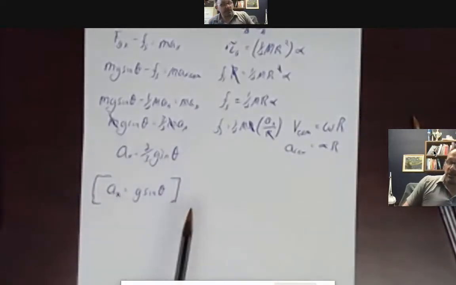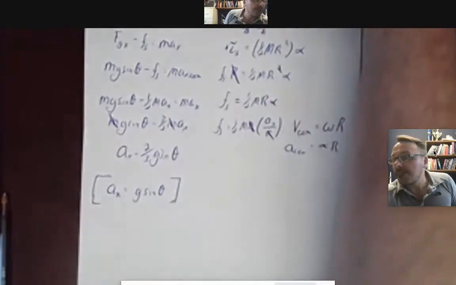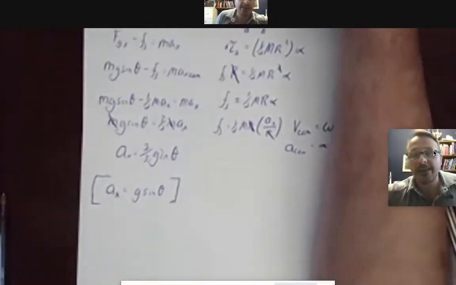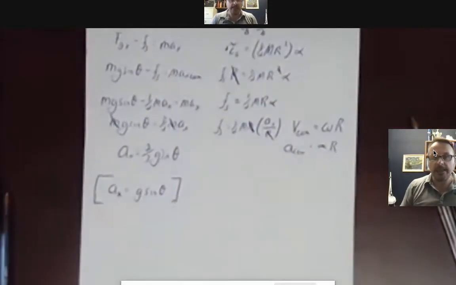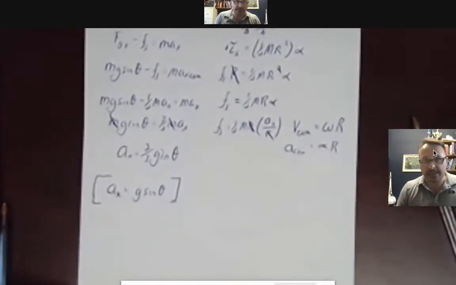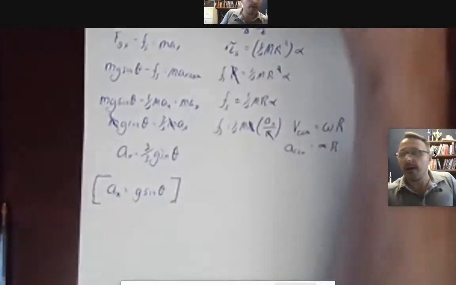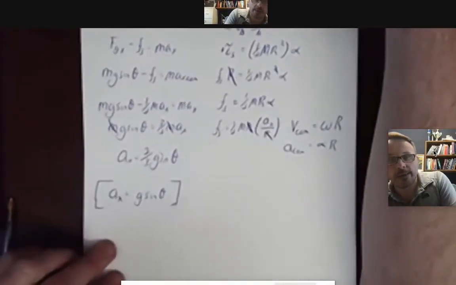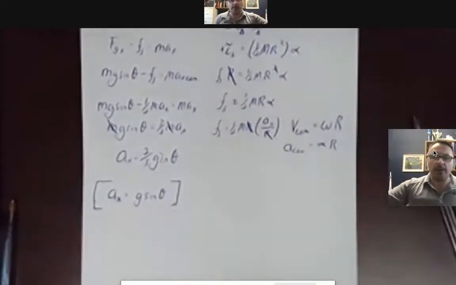Notice here, and this is interesting, that the acceleration of the object down the slope when it's rolling is less, meaning that an object just translating down the slope is going to end up going faster at the bottom of the slope than an object that is rolling without slipping. And we're going to have to talk about why.